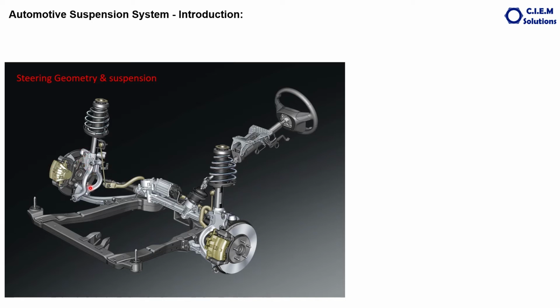So the steering geometry, the camber angle also plays a critical role. So the design of the suspension system has to be well synchronized with the steering geometry. This is another critical point.